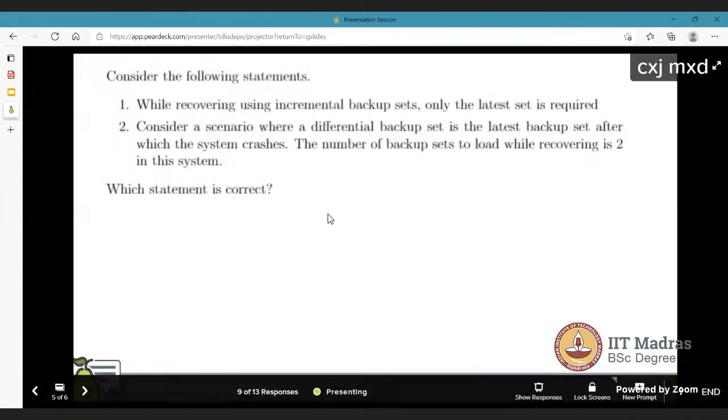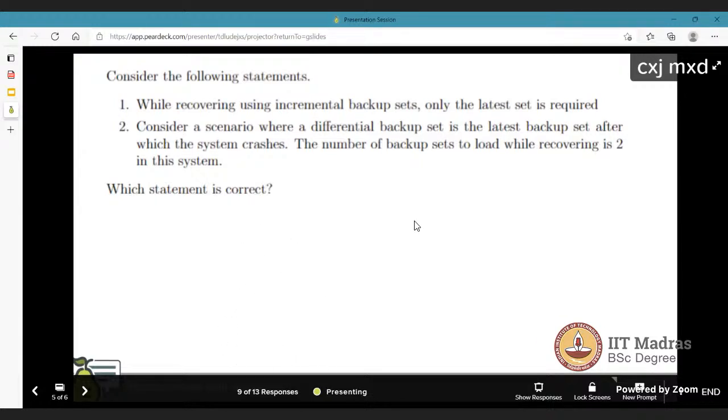Ma'am, could you explain the first statement? Okay. While recovering using incremental backup sets, only the latest set is required. What does latest set mean? Say, in the example where we used the 3 strategies, we had A, B, C, D. While the full backup was being performed, we had A as the change.